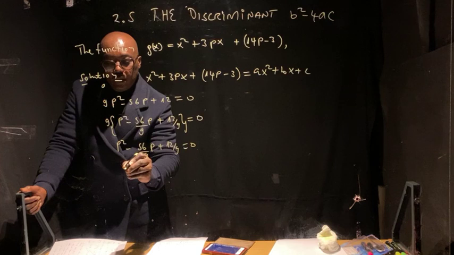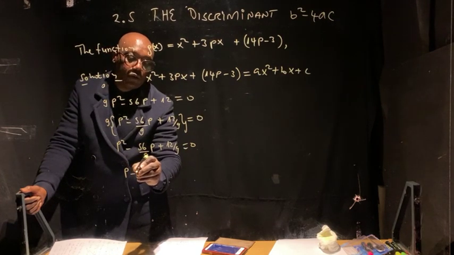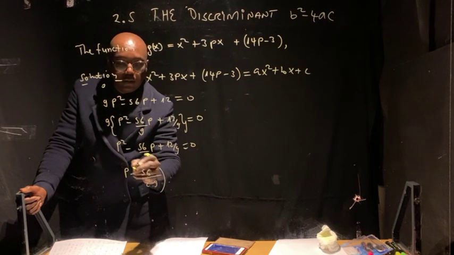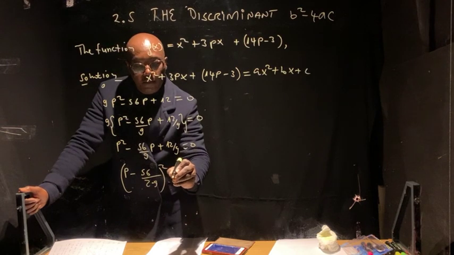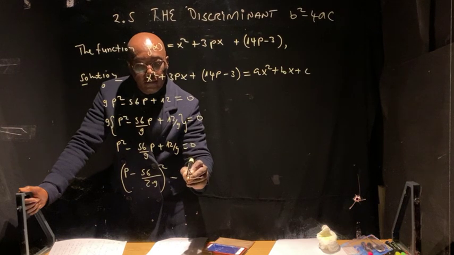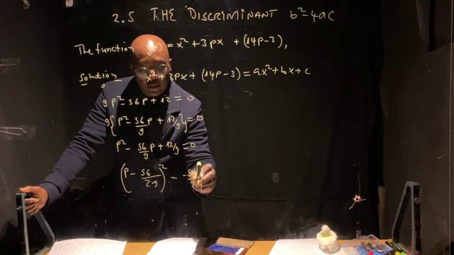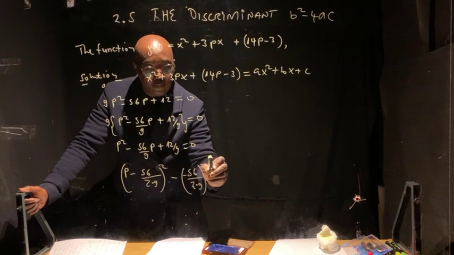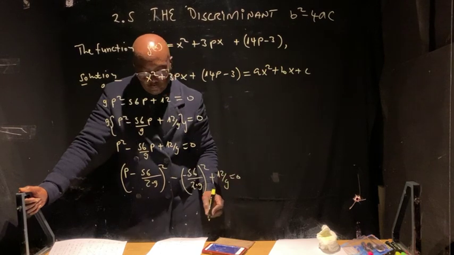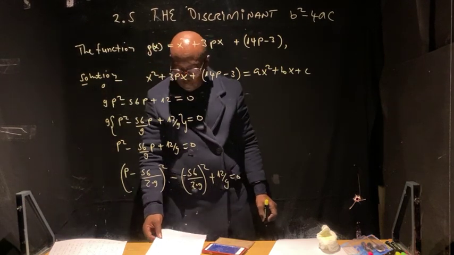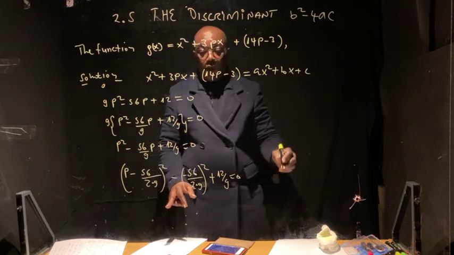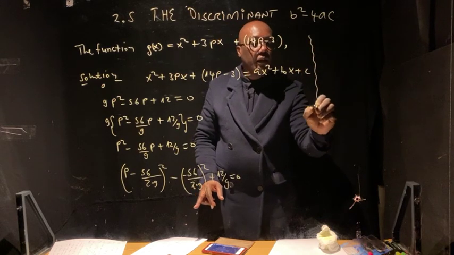If we complete the square, this becomes p minus 56 over 2 times 9, squared, minus (56 over 2 times 9) squared, plus 12 over 9 equals 0. Maybe we can continue from this side a bit.